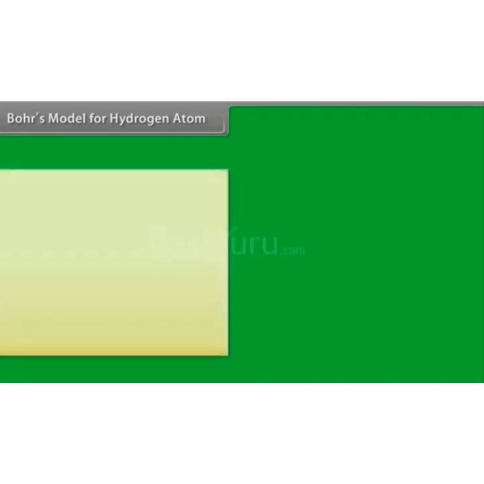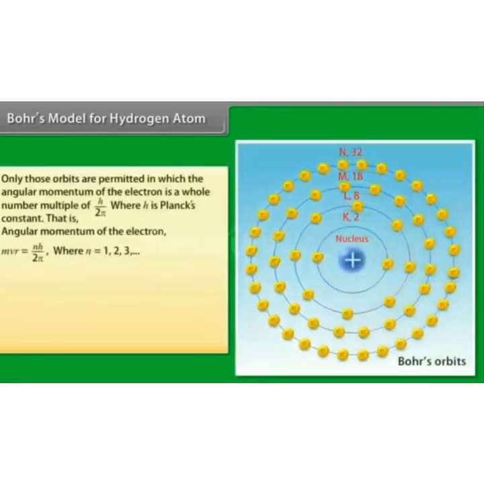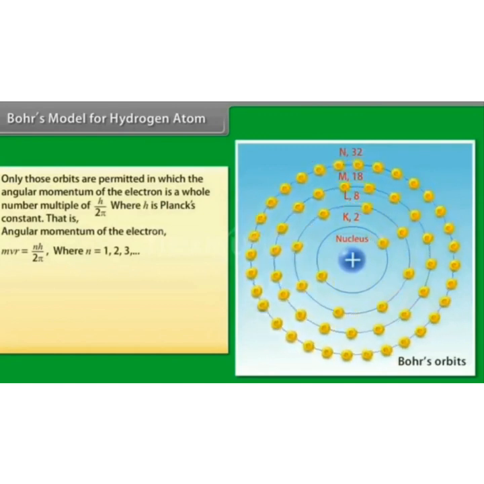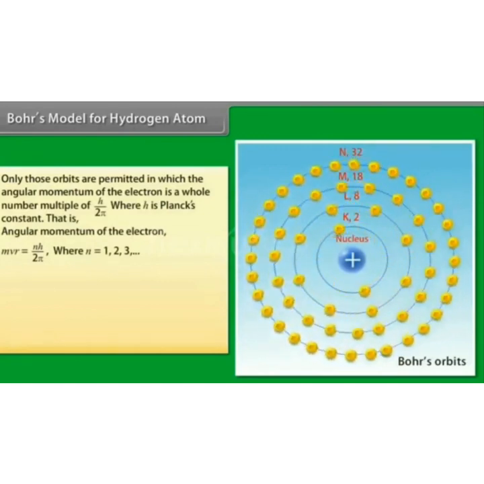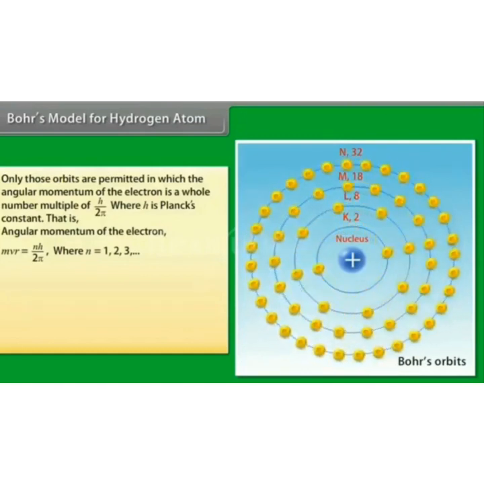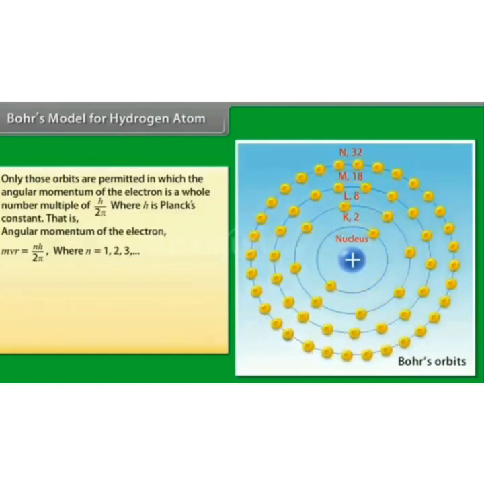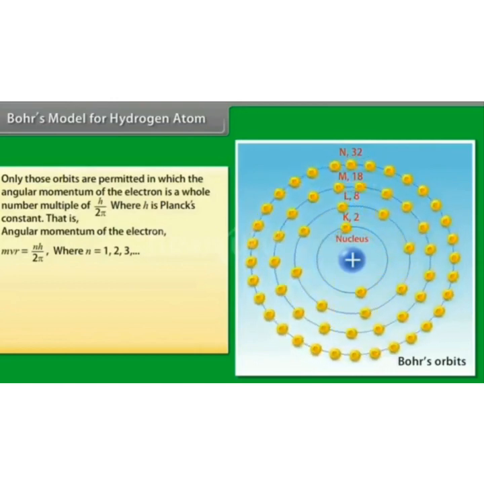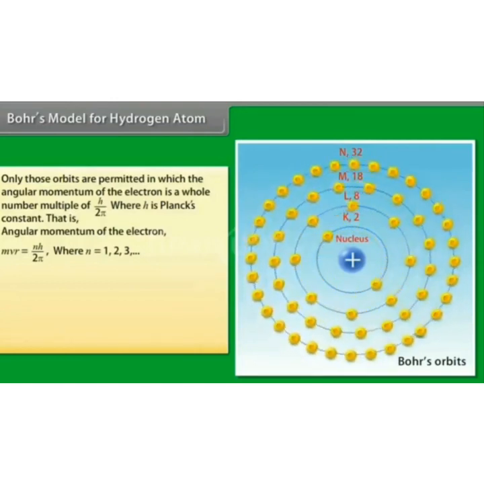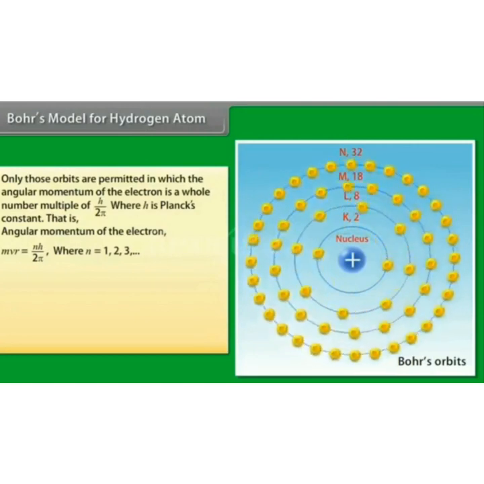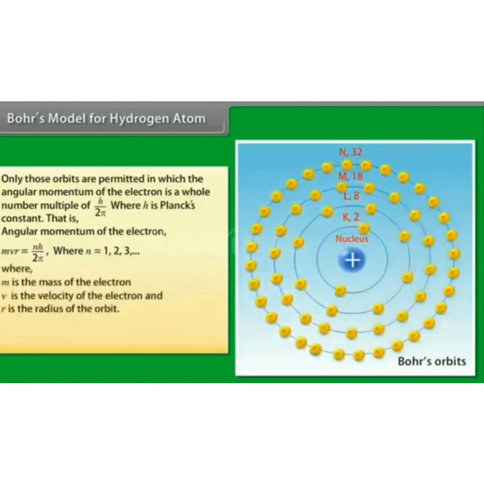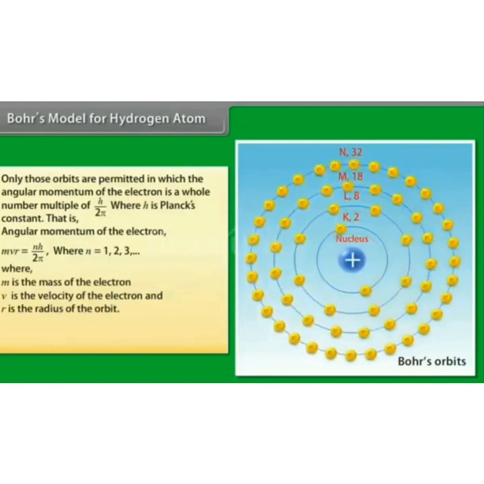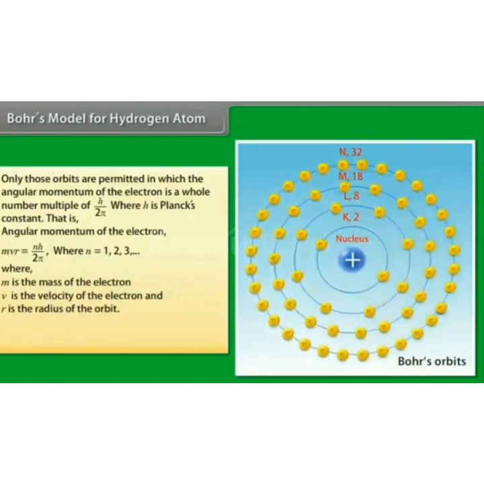Only those orbits are permitted in which the angular momentum of the electron is a whole number multiple of h by 2 pi, where h is Planck's constant. That is, the angular momentum of the electron, mvr, is equal to nh by 2 pi, where n is equal to 1, 2, 3, etc., m is the mass of the electron, v is the velocity of the electron, and r is the radius of the orbit.